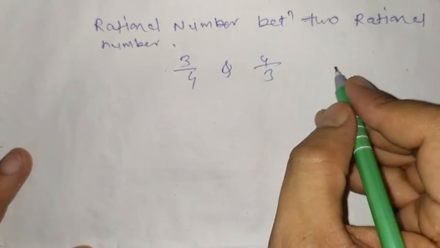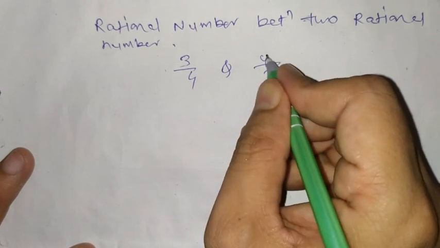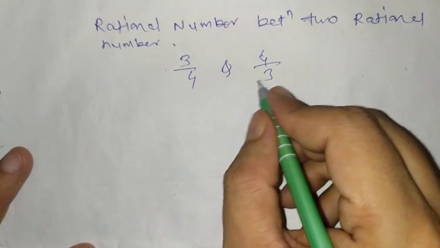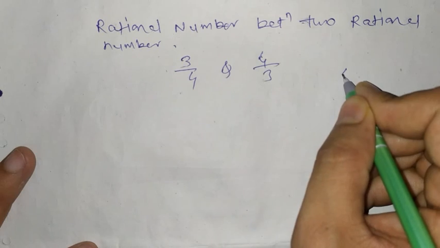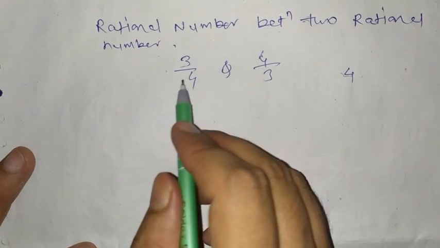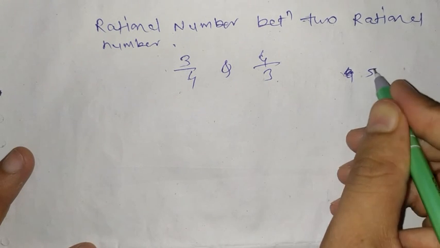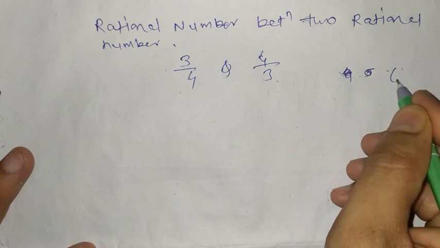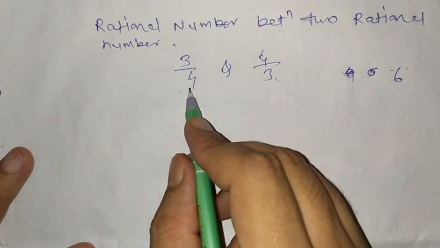So their denominator must be the same. How will you keep the denominator the same? You can check their LCM. For taking their common denominator, if you see the number, suppose 4 can be divided by 4 but not 3. Then you check 5 also, it is not possible. If you check the number 6 also not possible, can be divided by 3 but not 4.